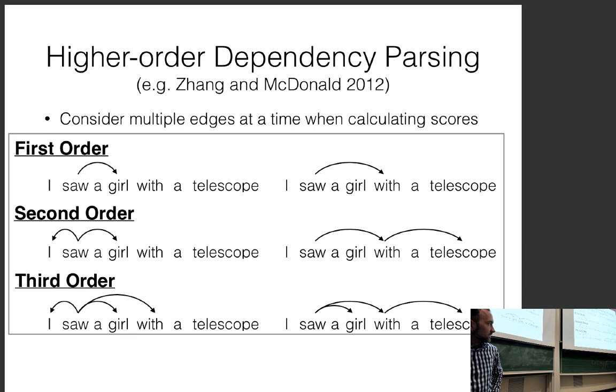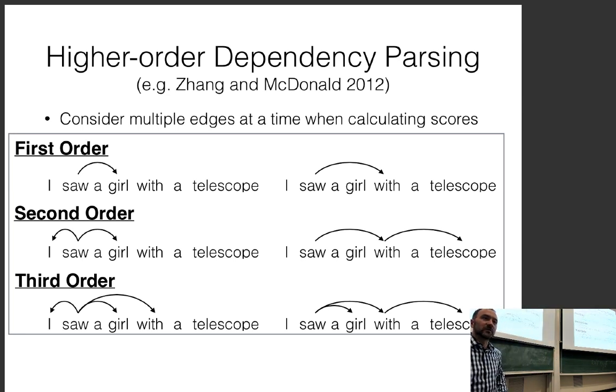So does anyone have an idea why this would be a useful thing to have in disambiguating this particular sentence? Is there a particular second order or third order edge that looks useful in this case? What's that?